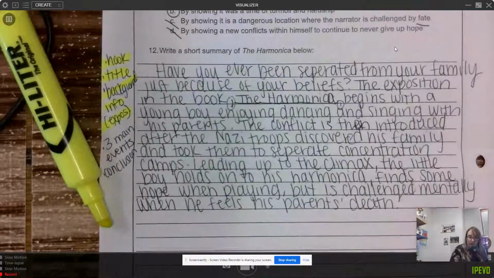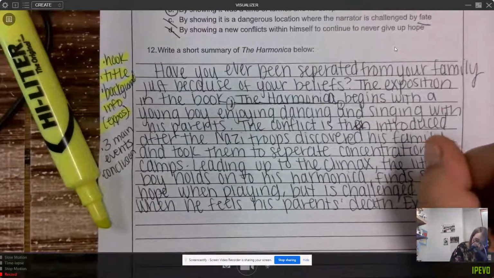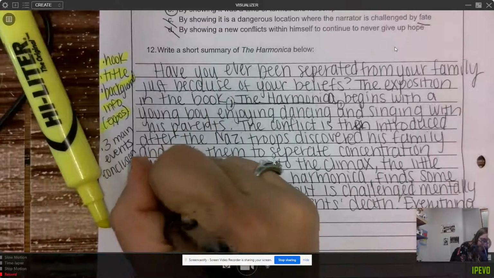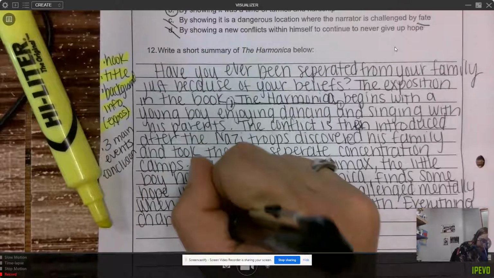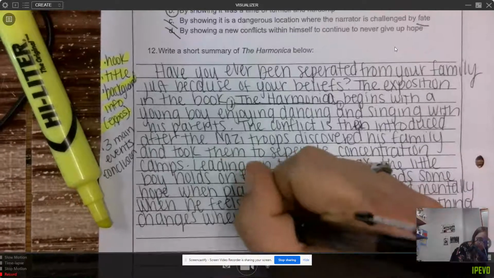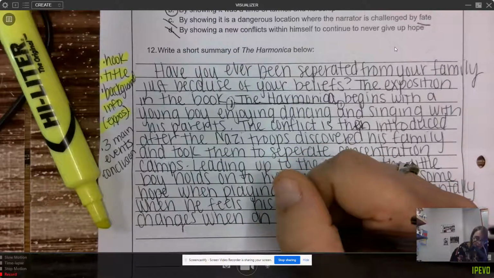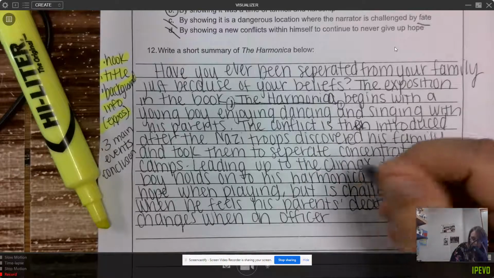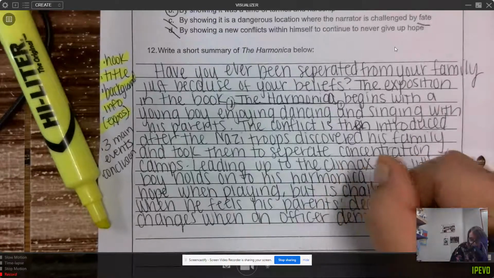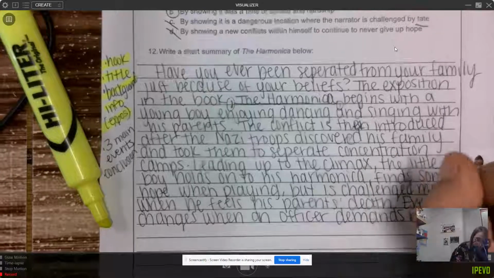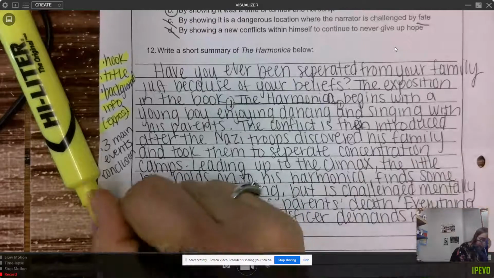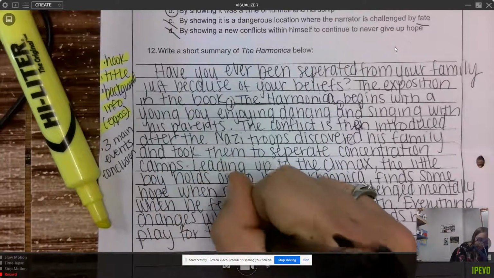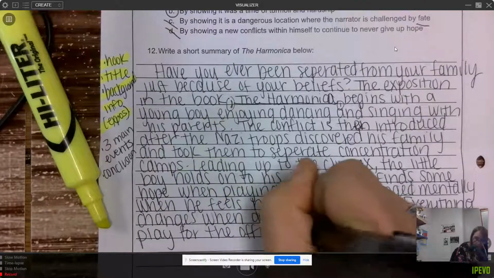So now let's go to the climax. Everything changes when an officer demands him to play for the officer's enjoyment.